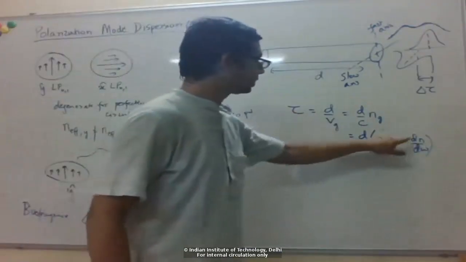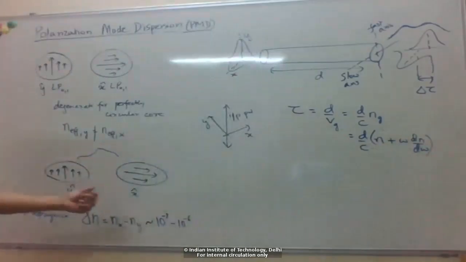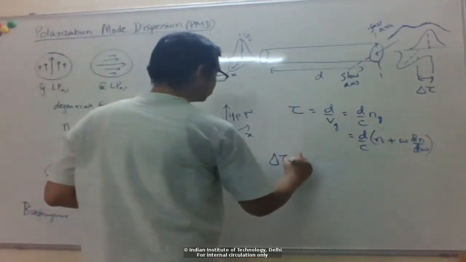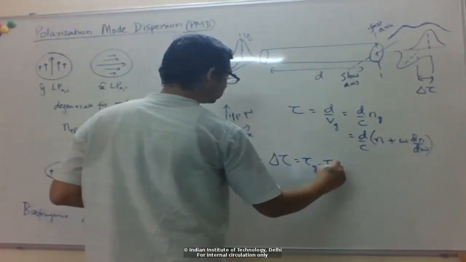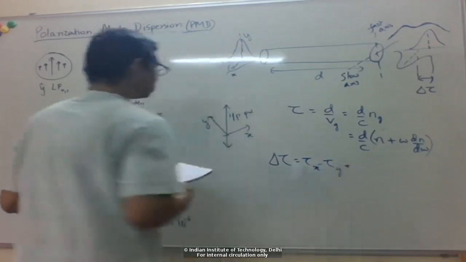For x we'll take nx, and for y we take ny, and they're slightly different. So delta tau will be the difference between the x and y components.